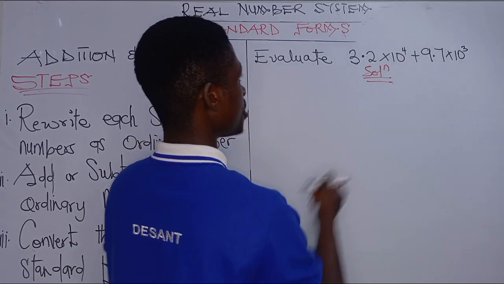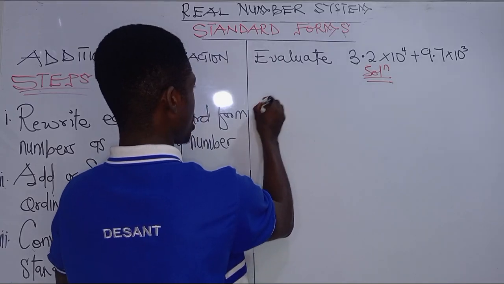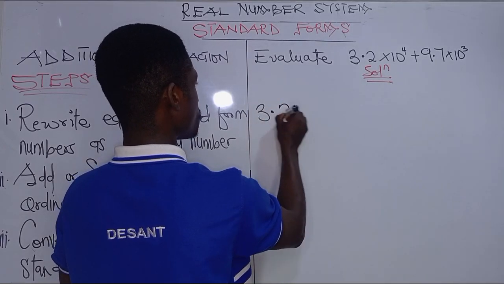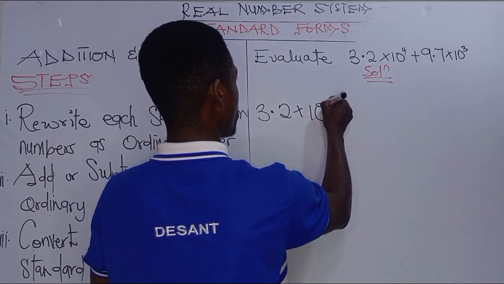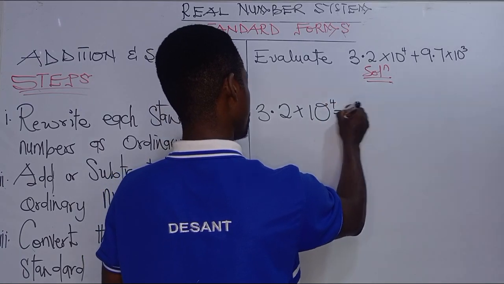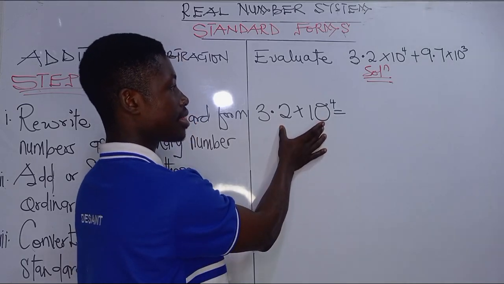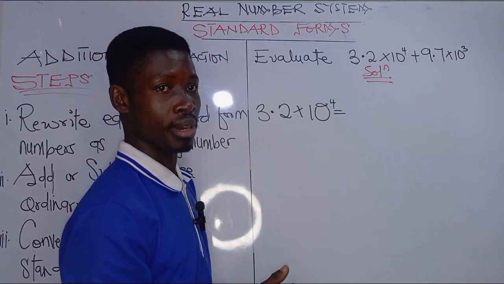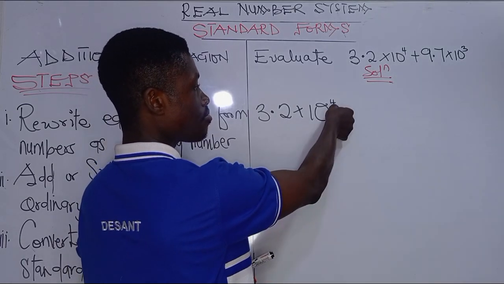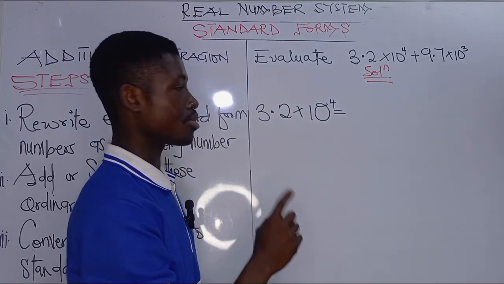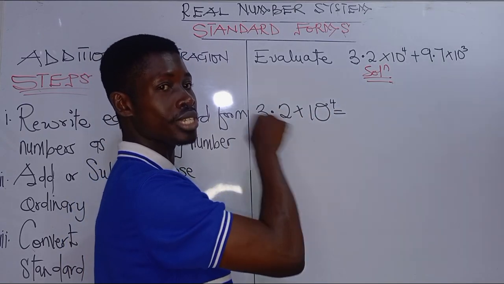So we have the first standard form, 3.2 times 10 raised to the power positive 4. In our previous video, we learned how to write this number as an ordinary number. A positive power of 10 tells us to move the decimal point to the right.